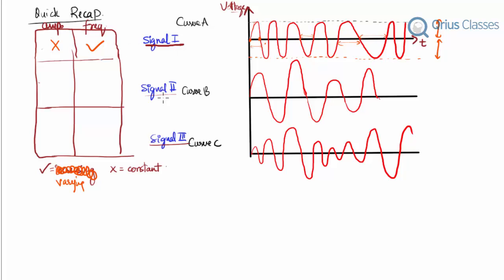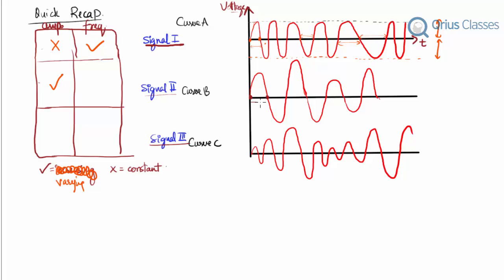Similarly, what we can say about signal 2 is that the amplitude is not constant. The amplitude is definitely varying, because on the positive side, this is the maximum for this cycle, and for the next cycle it is different. Let's talk about frequency. We'll put some points and see the distance.